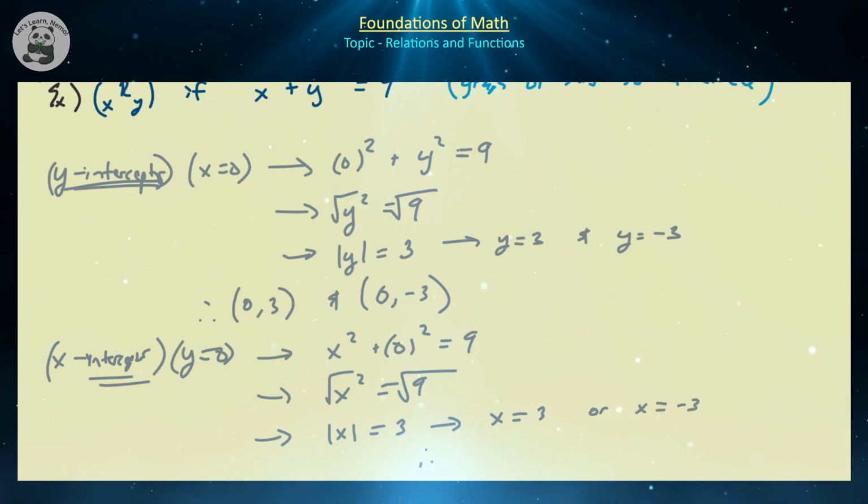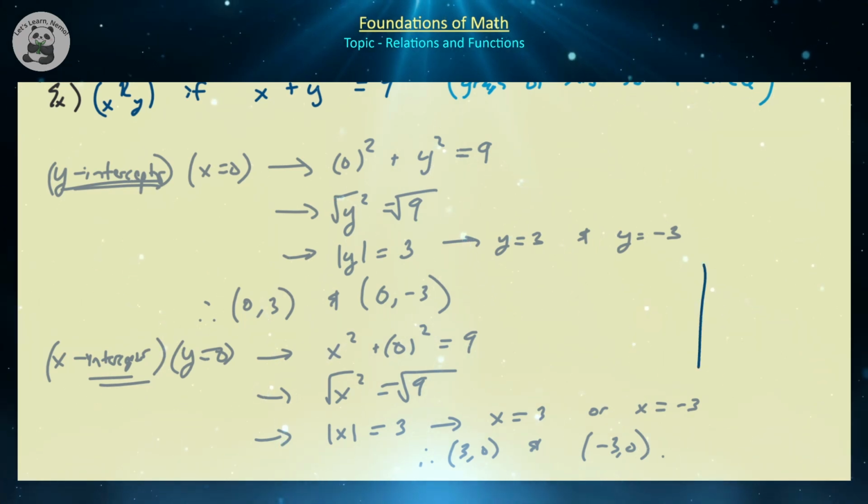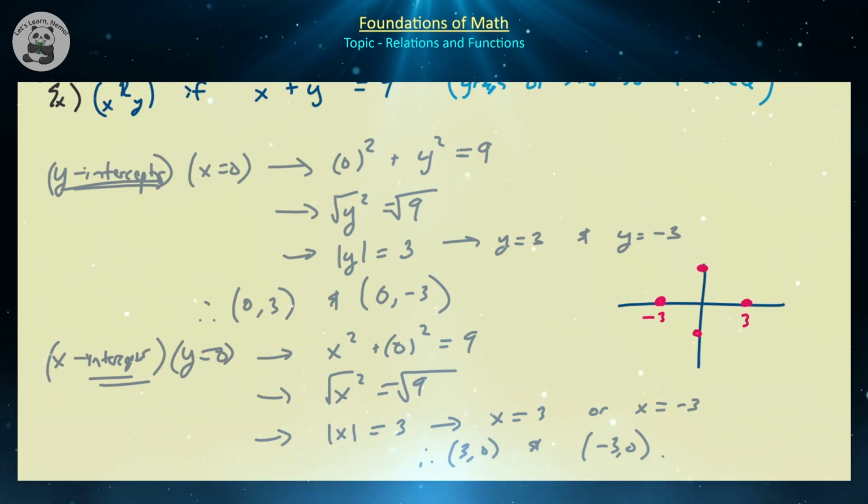So our x-intercepts are (3, 0) and (-3, 0). If we were to generate the graph of this circle, our x-intercepts are going to be -3 and 3, and our y-intercepts are going to be 3 and -3.